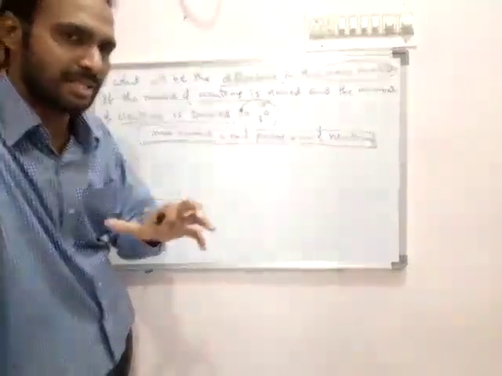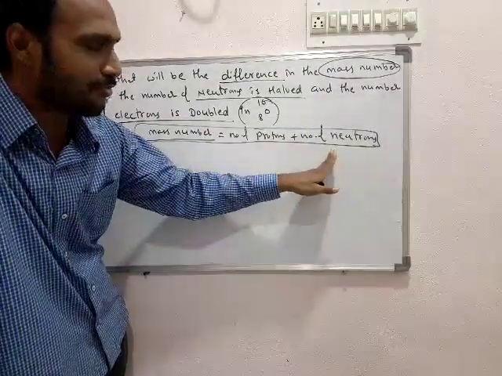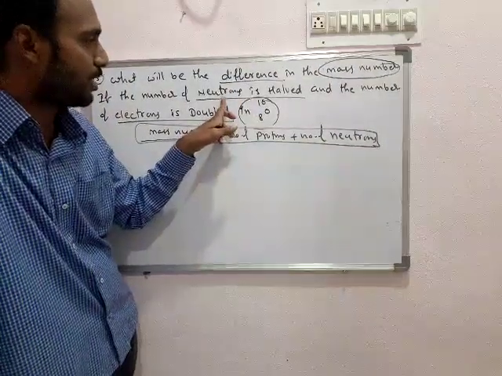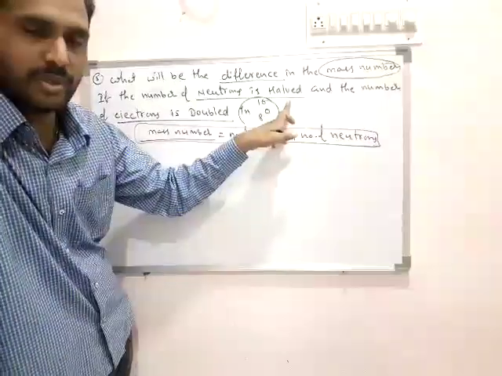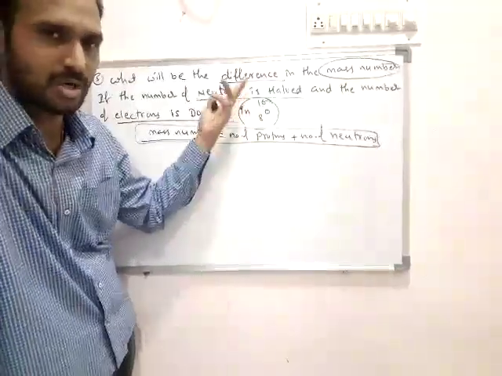Means we need to consider only the change in the number of protons and the number of neutrons. Here it is given that there is a change only in the neutrons. The number of neutrons are halved. The number of protons cannot be changed, so it is also not given.